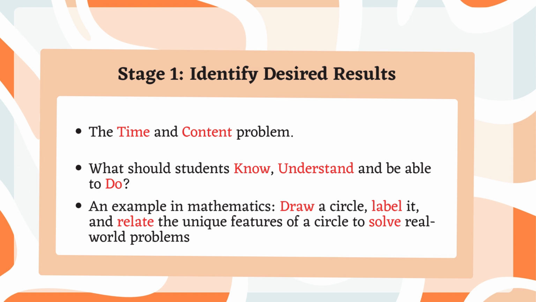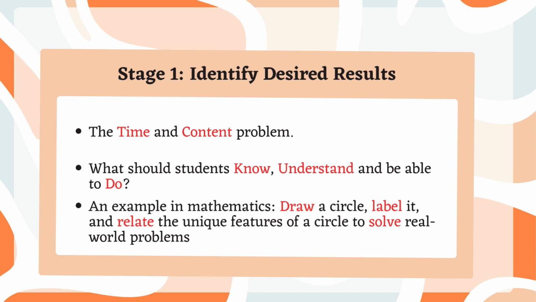So, what do we do? We should be able to know and understand what we want students to know, what we want students to understand, and what we want students to do. When we are able to settle on these 3 aspects of our instruction, then we can think about designing our instruction from that stage.